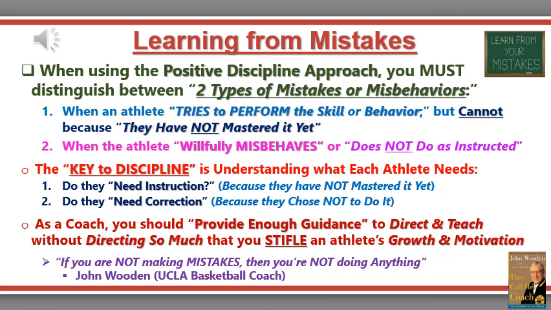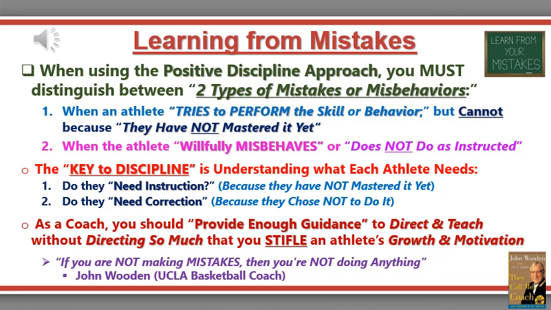That's number one. They try to perform the skill, they haven't mastered it yet. Just immediately focus back on re-instruction and training. You can tell them they didn't do it right. Maybe there's a slight consequence, or maybe you remove a reward, but there's really no reason to do that. They just haven't learned it yet. Just stop, rewind, provide more instruction, and move on.